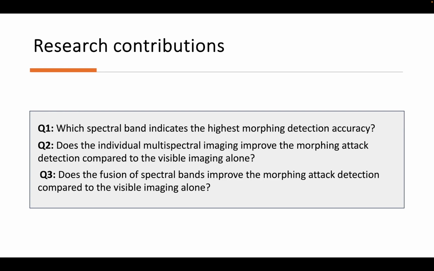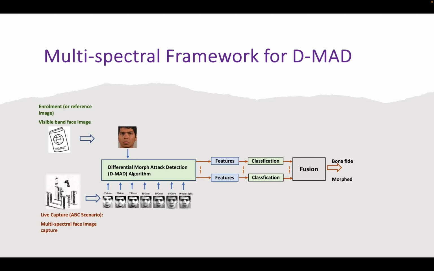With these three questions in mind, we propose the framework. The only difference here compared to the existing work is that we are bringing in the notion of multispectral. Within the scope of this work, we are investigating the spectral bands from 650 nanometers to 950 nanometers, and we also have a whole light image.